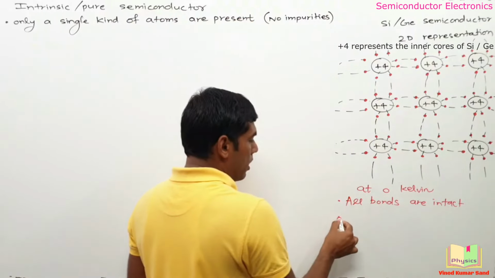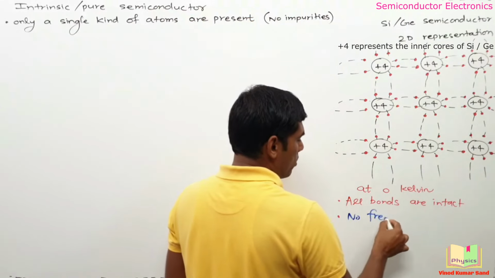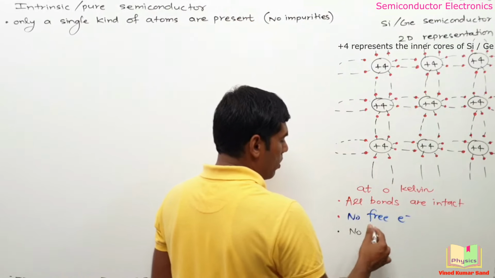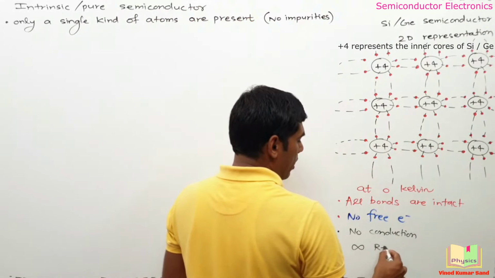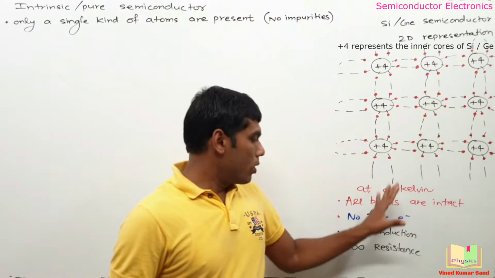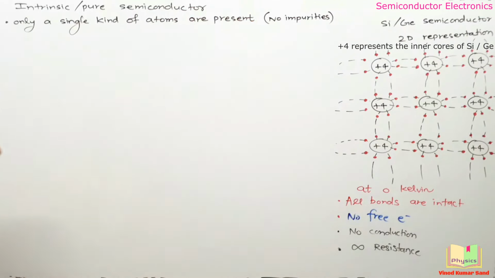If all bonds are intact, it means there are no free electrons. If there are no free electrons, it means there is no conduction and the resistance is infinite. So the pure semiconductors at 0 Kelvin will behave as a perfect insulator.